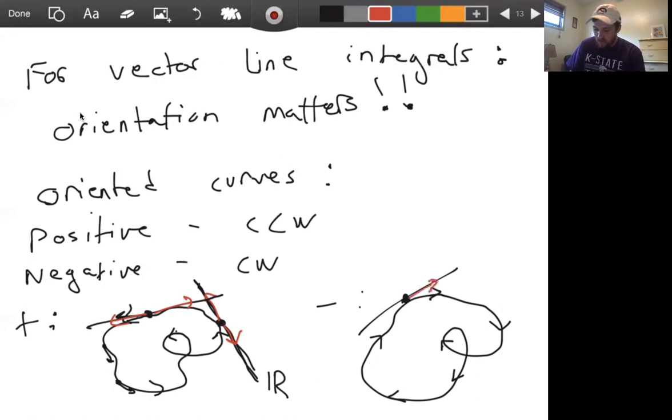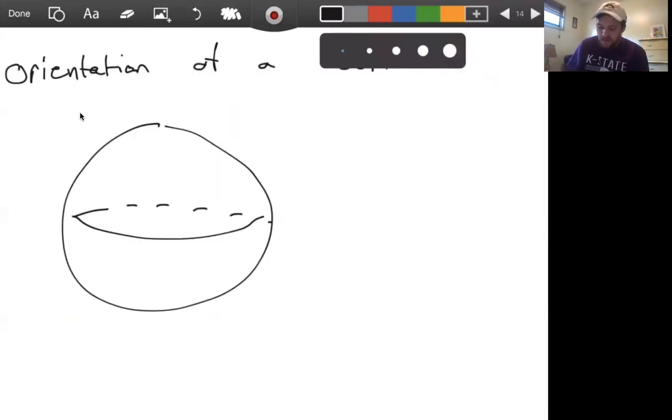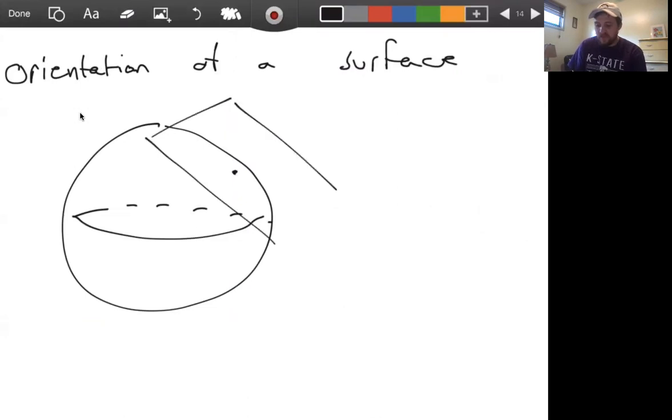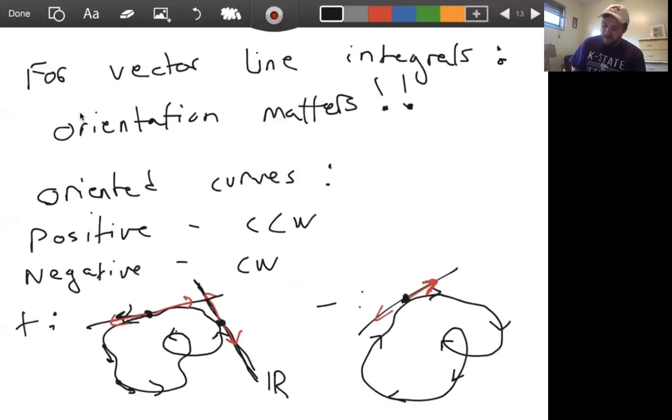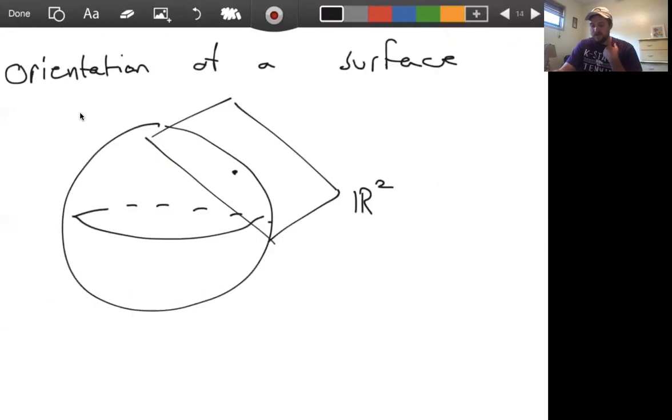You can choose to orient it clockwise or counterclockwise for a curve. Well, now what's the tangent space of a surface? The tangent space of a surface is R2, right? Here, the tangent space at a given point was R. Well, now the tangent space is R2. And now you have a choice of two vectors here.